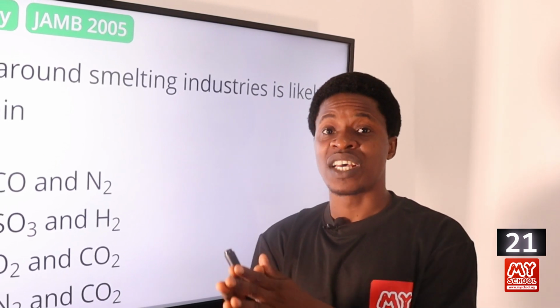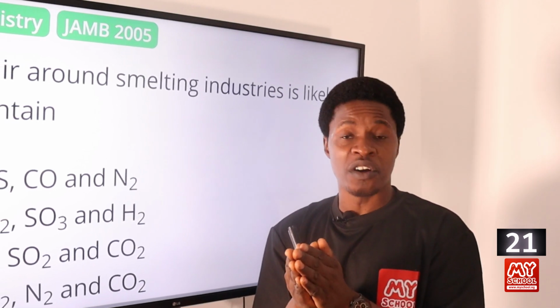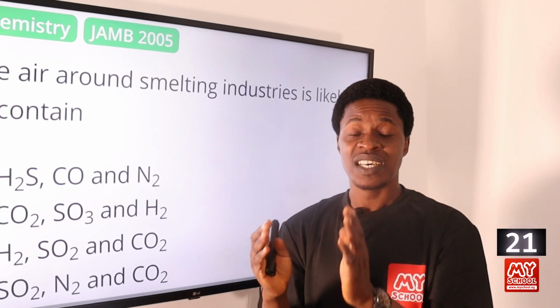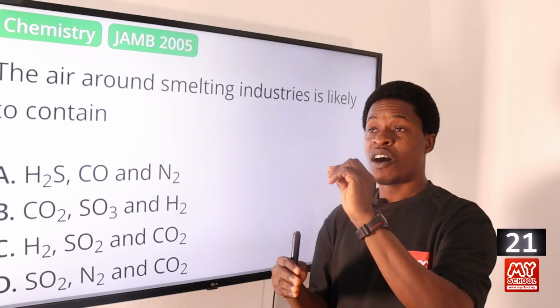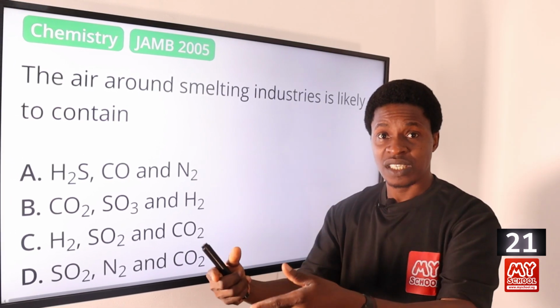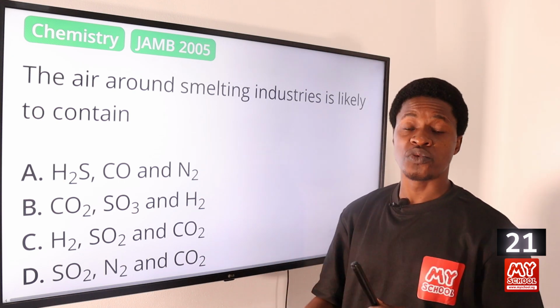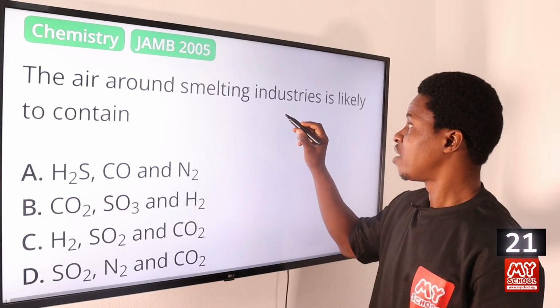Once that is roasted, sulfur oxide is given off as gas. So SO2 is what is generated in that form. So already we have SO2.